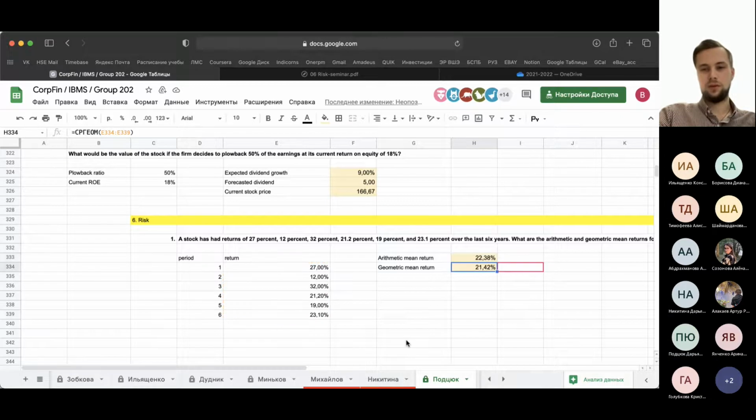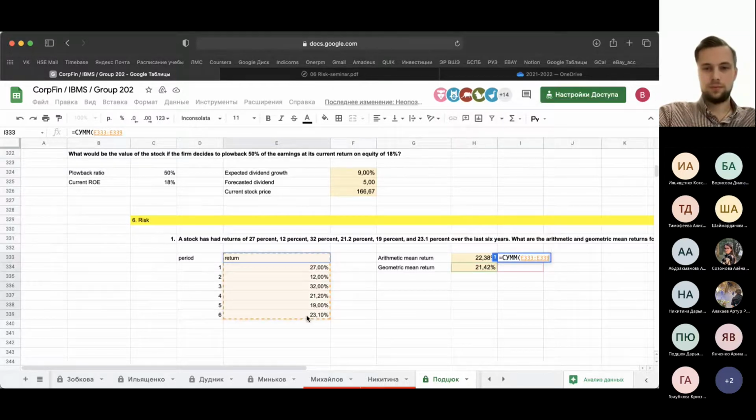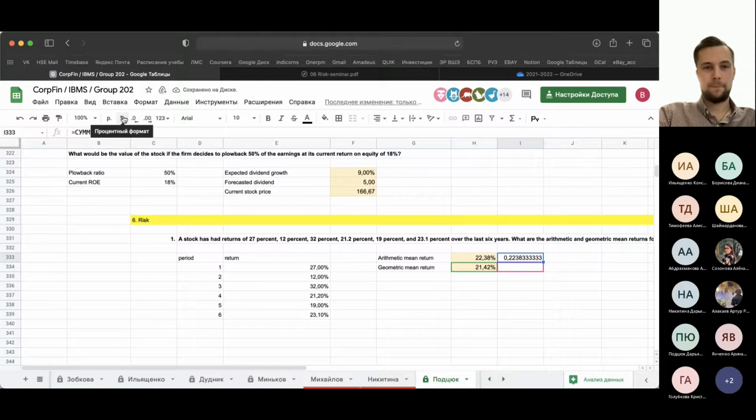Yeah, so here the function AVERAGE, yeah, it works, but we can do it like this: sum all the values and divide it by 6. Oh, that's nice.